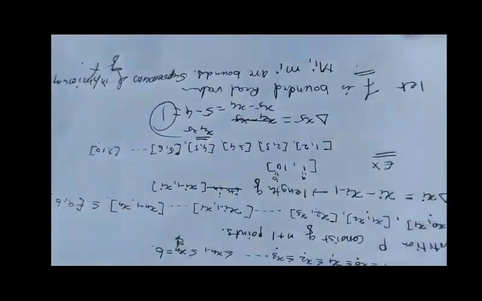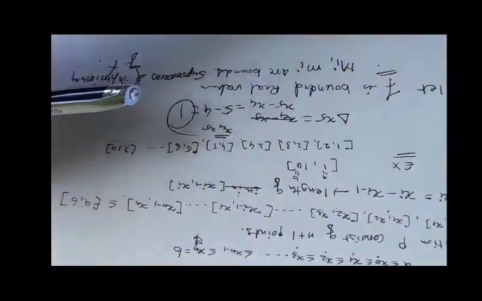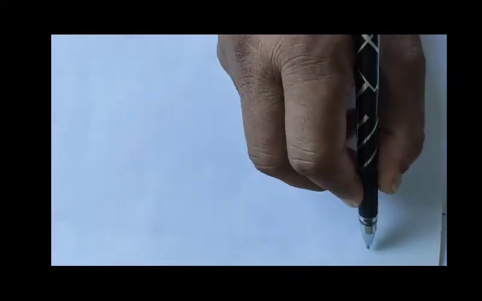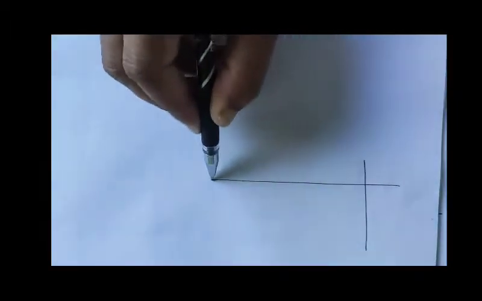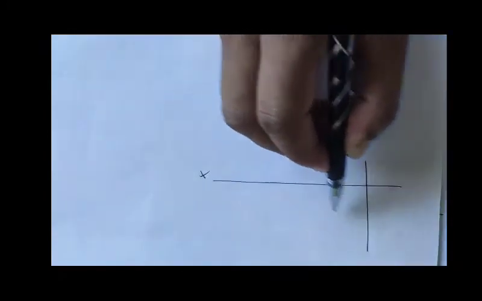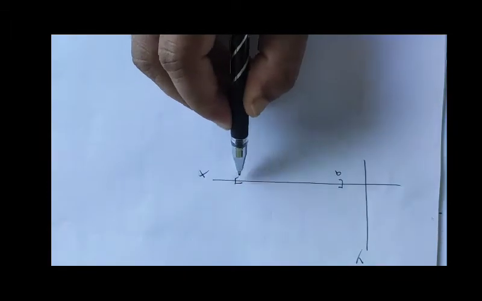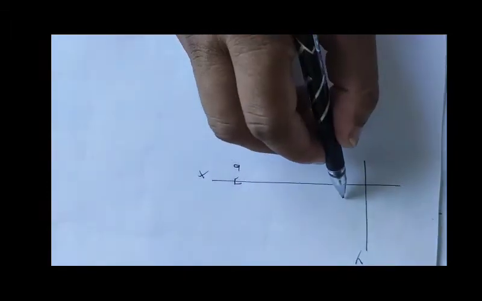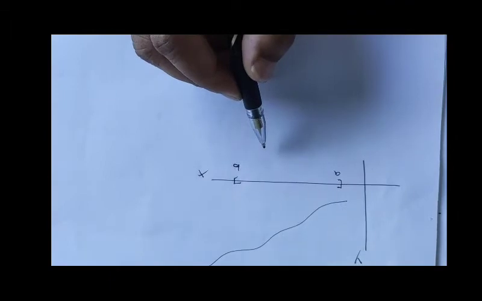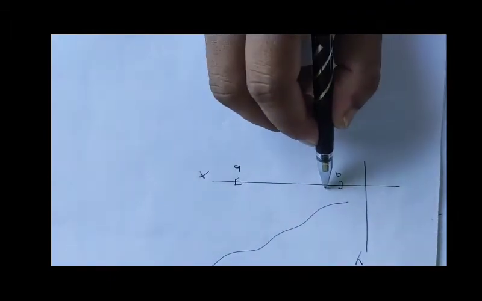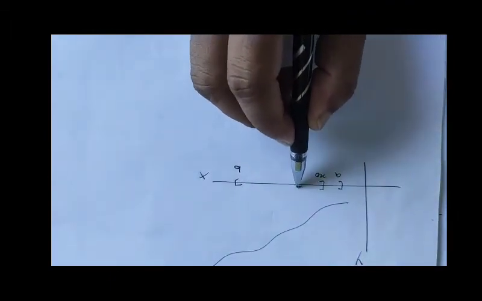Dear student, in 11th and 12th standard we have already discussed some graphs. So this is a function, this is a graph, x-axis, y-axis, and suppose this is the interval [a, b]. The function is defined this way, and suppose there are points x0 and x1.